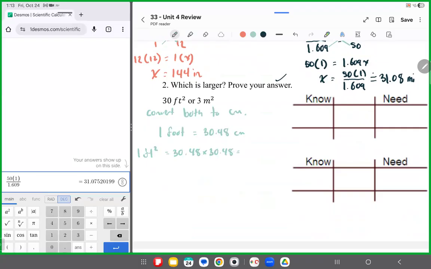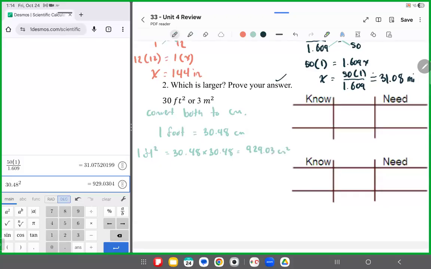Because remember, when you convert areas, you need the conversion twice. So if I take 30.48 and times it by itself, I end up getting this 929.03 centimeters squared.